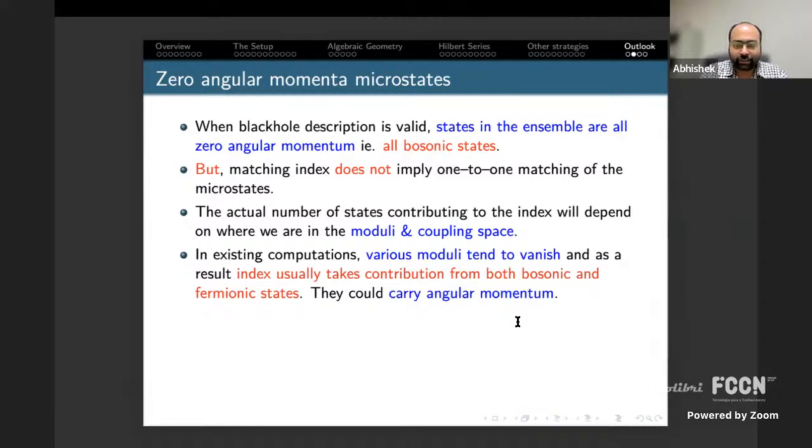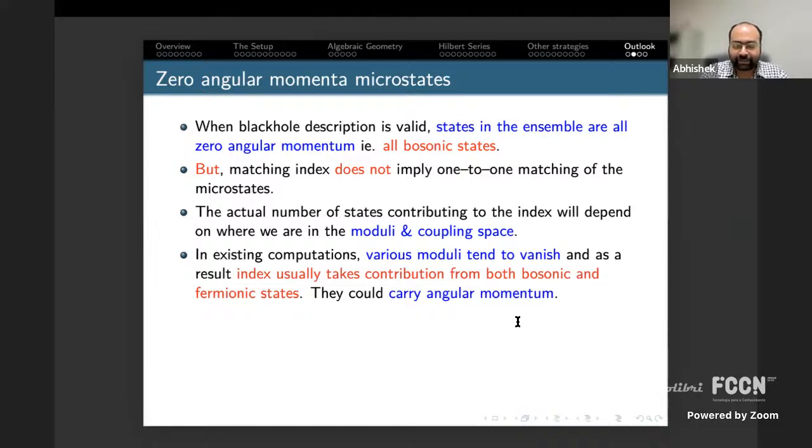So the number of points you are getting is exactly the number of microstates that the black hole should have.